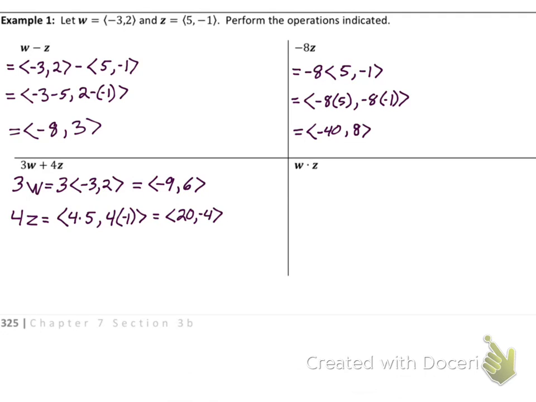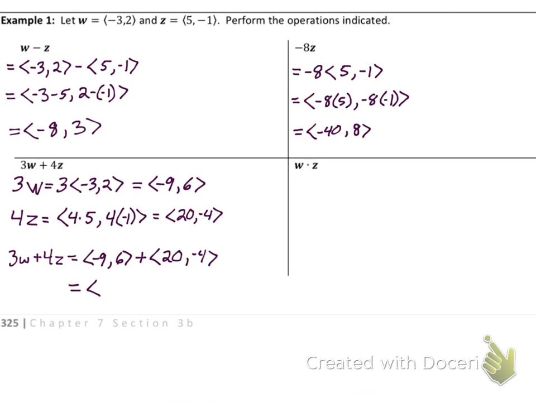Now we have to do 3W plus 4Z. So 3W plus 4Z is going to equal, I already know what 3W equals. That equals negative 9, comma 6. And we're adding on 20, negative 4.